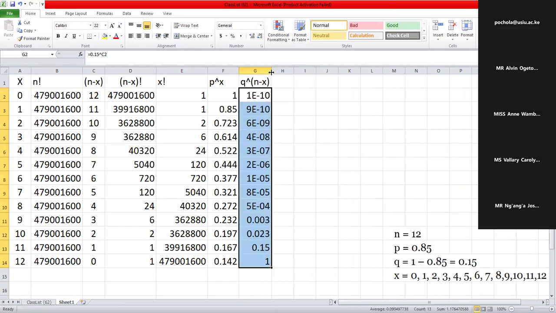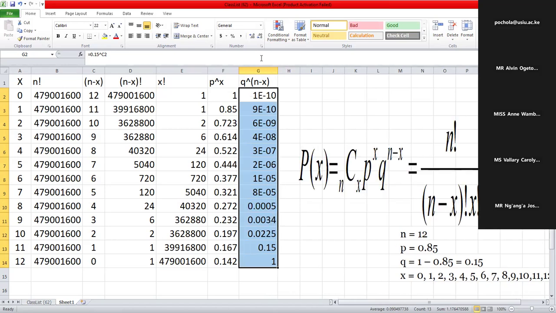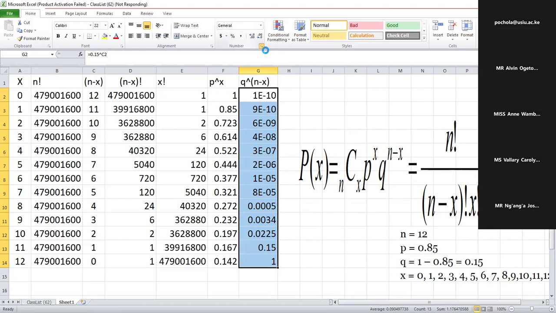Let's do it to 3 decimal places. We just change it to number form so that it is clear, so that you don't see the scientific form.